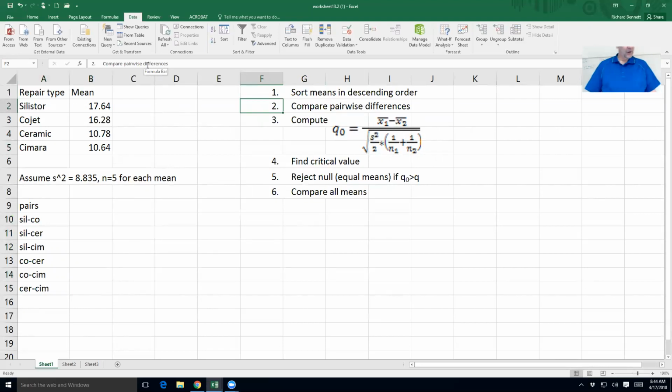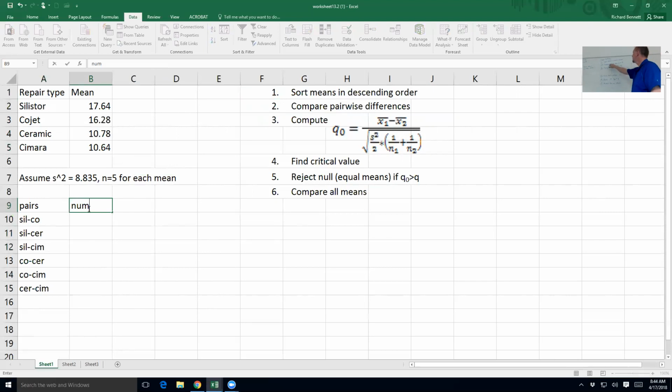All right, so now let's do our numerators. We've sorted the means, now we're going to compare, and that's what I've just done. Now we're going to start computing this. The easiest way to do this is to do the numerator and the denominator.